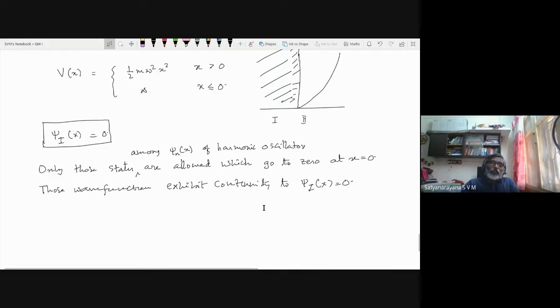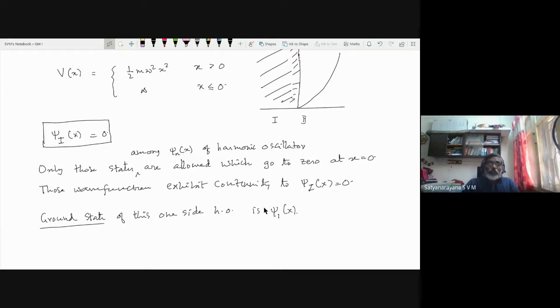Okay, so what is the ground state of this? The ground state of this potential, that is one side harmonic oscillator, is psi 1 of x.